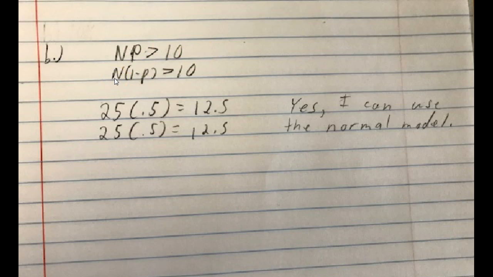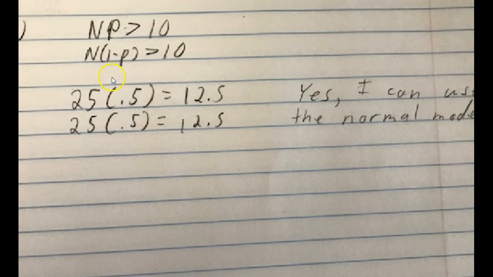We also need the failure side. So we need that same number of values in the samples, multiplied by 1 minus the probability, and that has to be greater than 10 as well. So here to fill in the numbers, we have 25 times 0.5. It's going to be the same since both the values are the same. We see that it's 12.5, which is indeed bigger than 10.